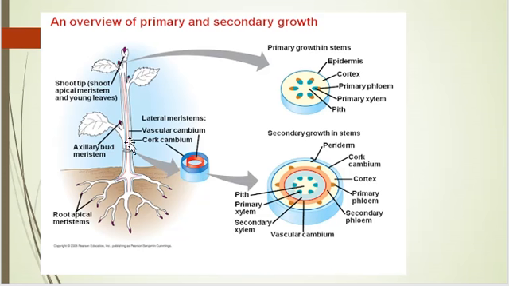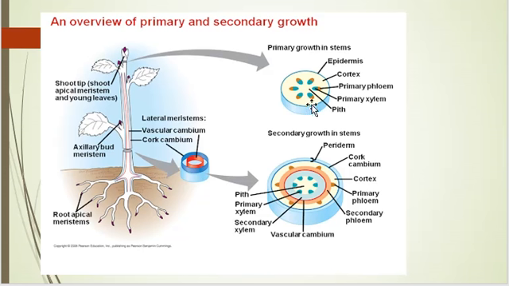Then at the side part of the leaf the axillary bud meristem is present. On the stem part, below the apical meristem, the lateral meristem is present. In this lateral meristem, there are two parts: the central part is the vascular cambium and the surrounding part is the cork cambium.